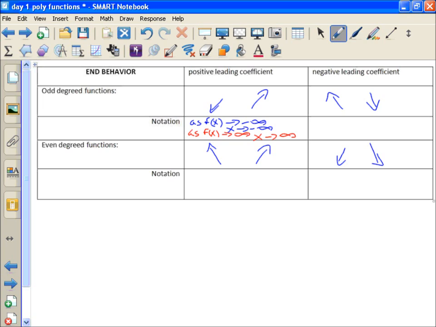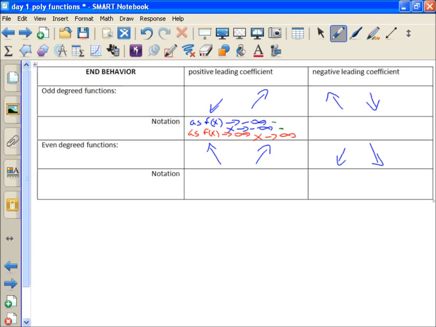Now, personally, I like to think of the x's first and then go back. As x gets big, y gets big. As x gets small, y gets small. But for some reason on the SOL, they always write it with the f of x first. So that's what you need to get used to looking at.